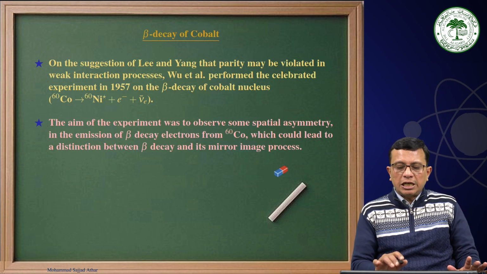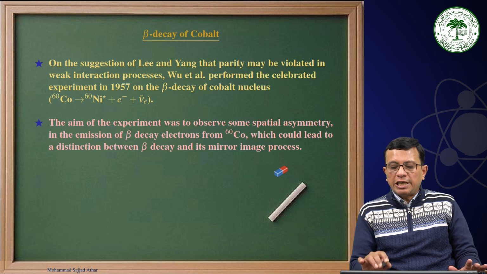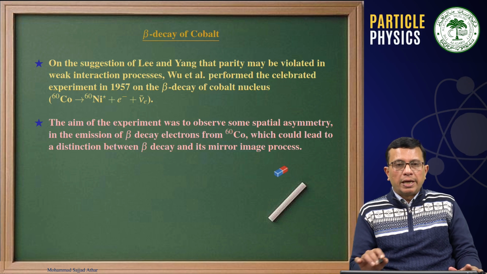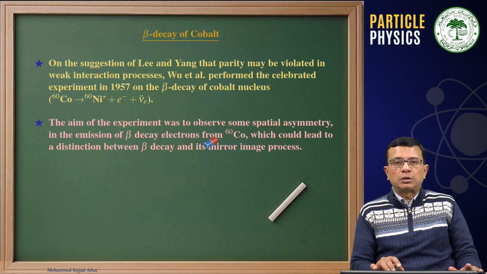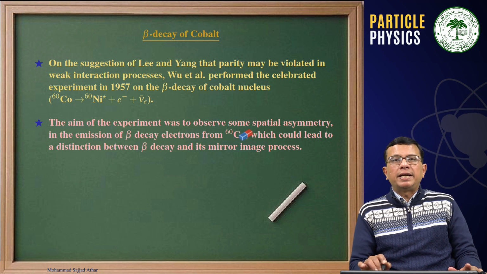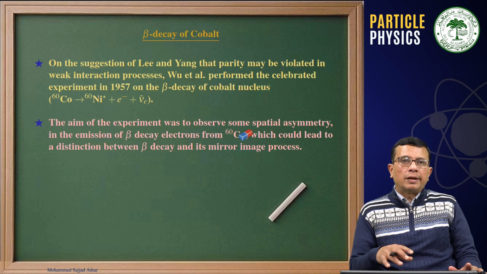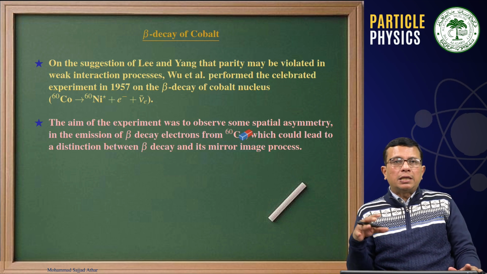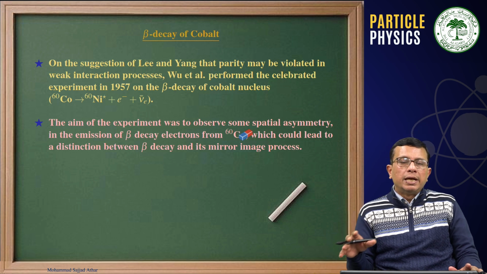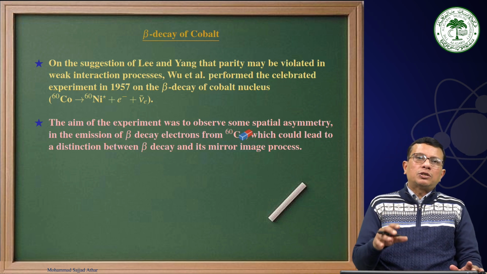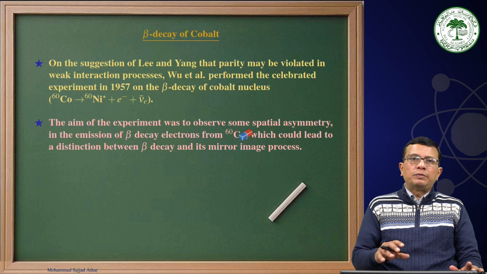So, the aim of the experiment was to observe some spatial asymmetry in the emission of beta decay electrons from 60 cobalt, which could lead to a distinction between beta decay and its mirror image process. That means whether the number of electrons going in the northern hemisphere is the same as the number of electrons in the southern hemisphere or not.